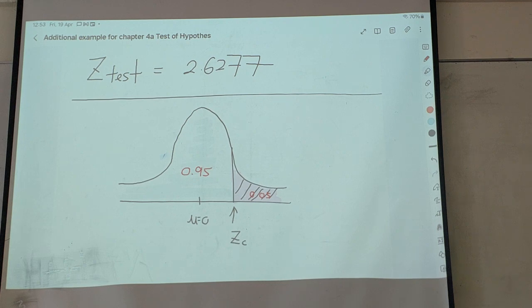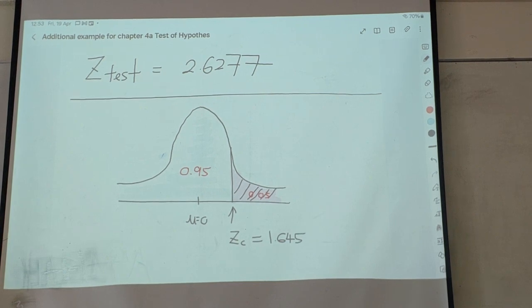Okay. Can anyone find out what is the critical value that gives you the probability 0.95? Do you remember this value? 1.645. Yeah. Right now. Okay? So remember this value 1.645. Okay, so you just have the critical value.